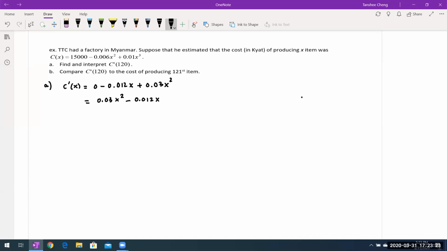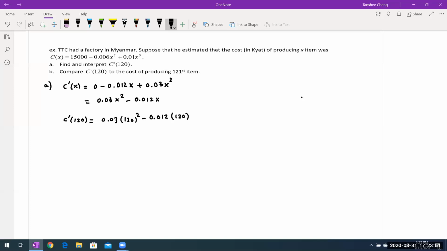Now what we want to do is find the derivative of this function evaluated at 120. So that's basically 0.03 times 120 to the second power minus 0.012 times 120.